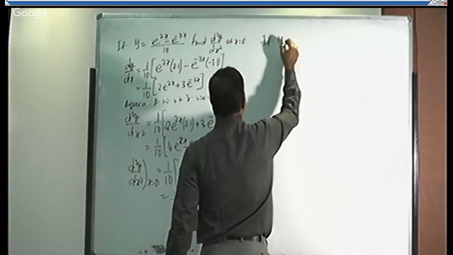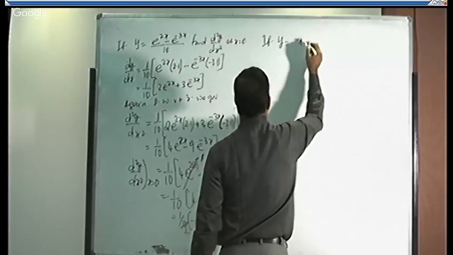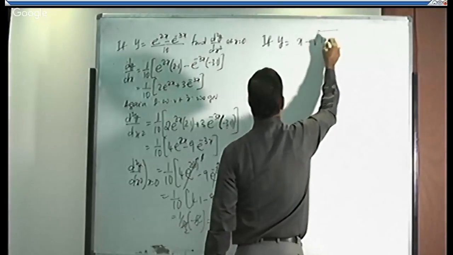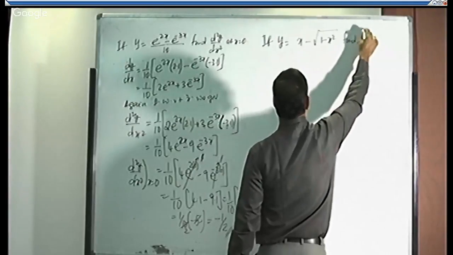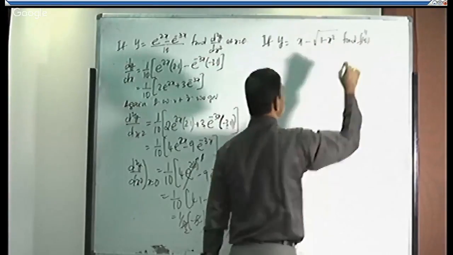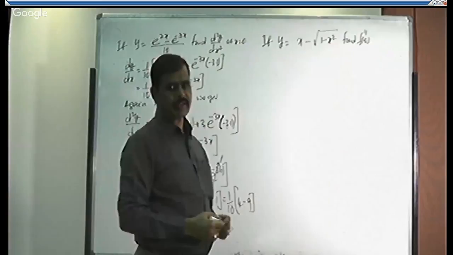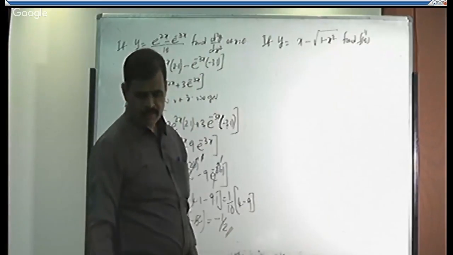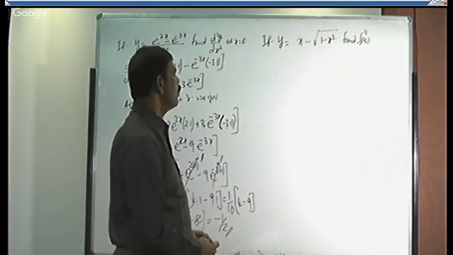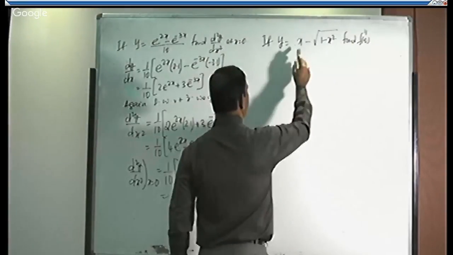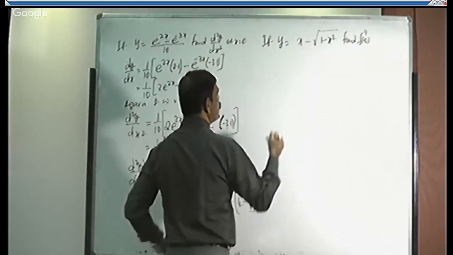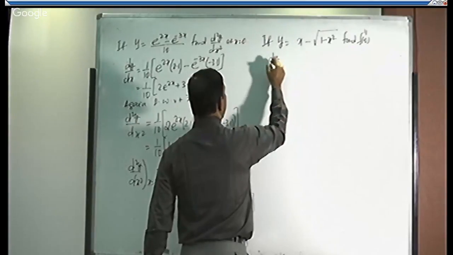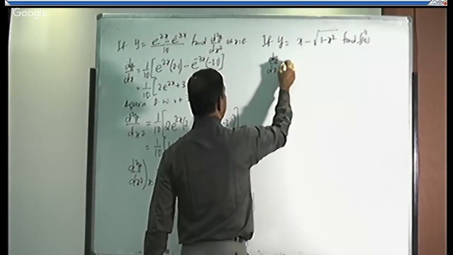If y is equal to x minus root of 1 minus x square, find f double dash 0. The function is y is equal to x minus root of 1 minus x square. By differentiating it, I will get dy by dx.